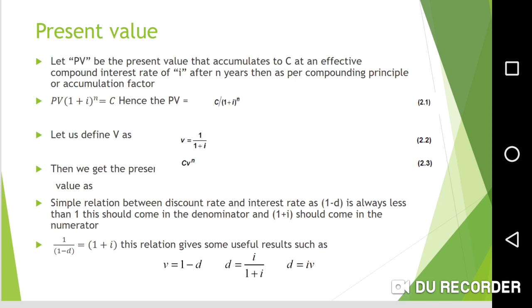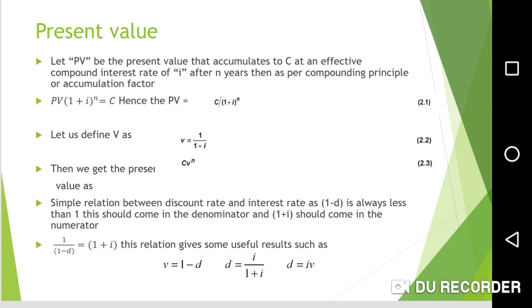Every time we need to know the present value to check whether it is profitable or not. This present value concept is one of the most important things, and we keep on applying this concept again and again in CT2, CT8, anywhere. This is one of the main building blocks of the actuarial exams.